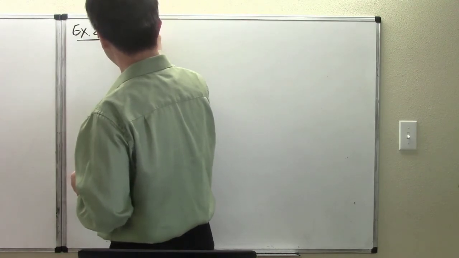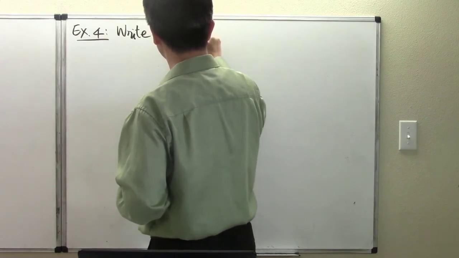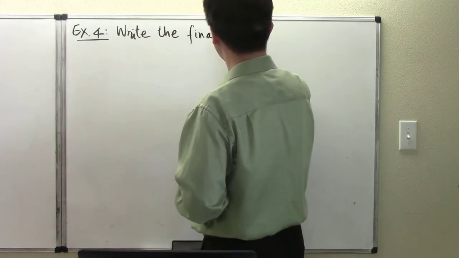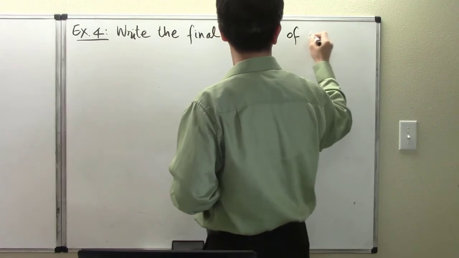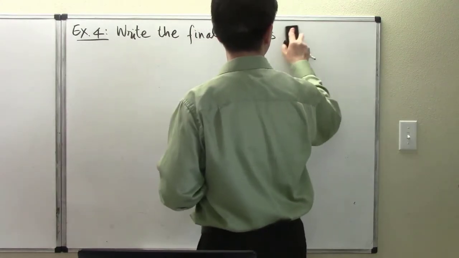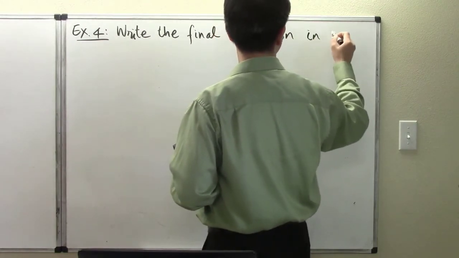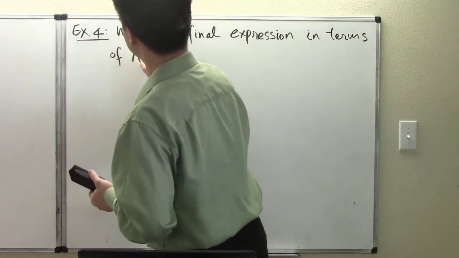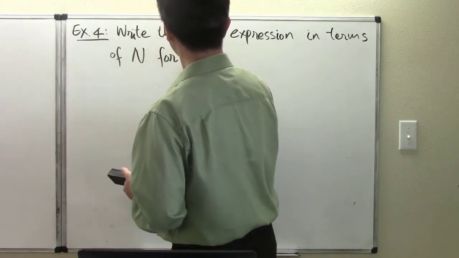I want to write the final expression in terms of capital N for the following sum.